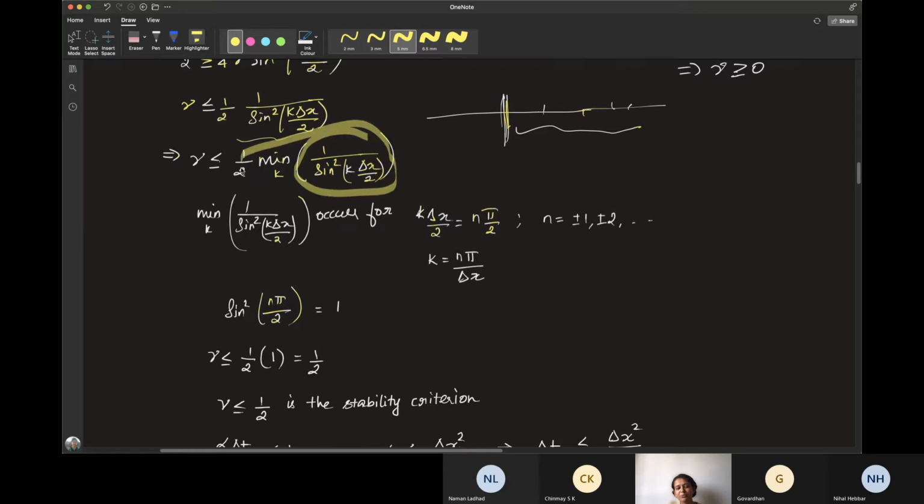This term's minimum can occur when the sine squared term is 1, and that is possible for k delta x by 2 equals n pi by 2, where n can be any natural number, any integer except 0. And you obtain k as n pi by delta x from this expression.